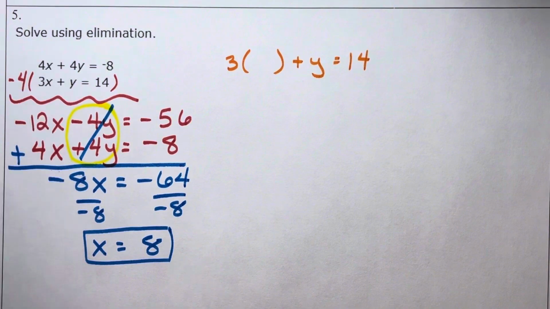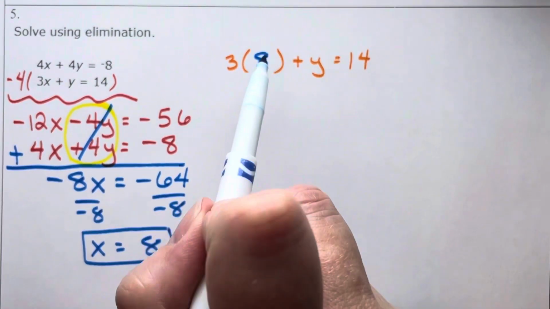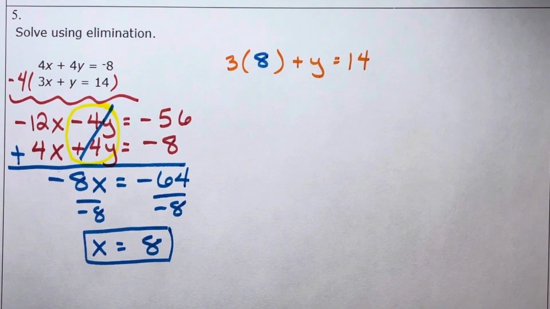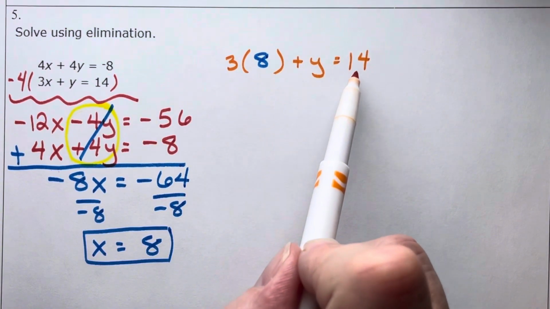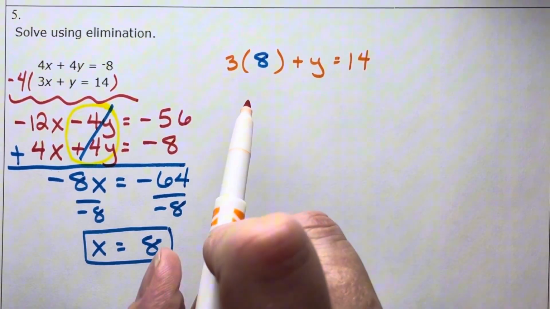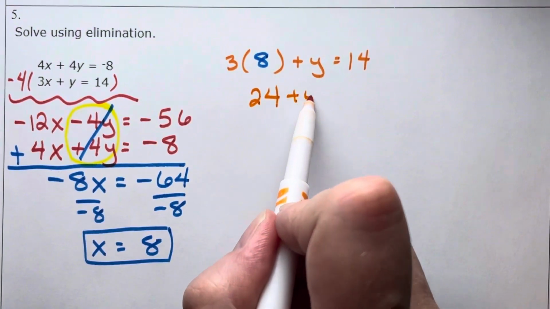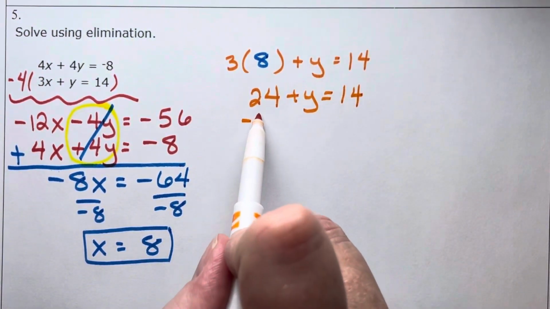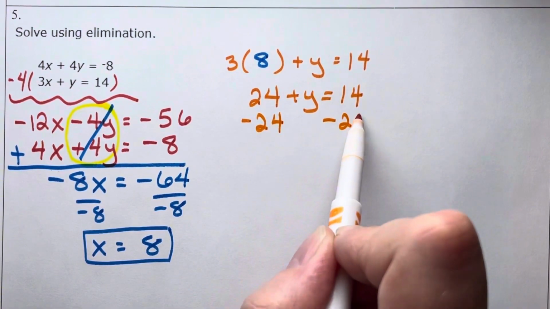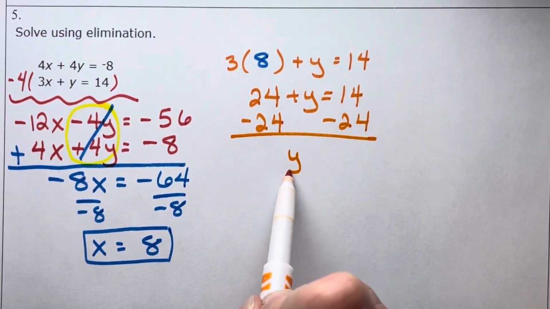Either equation would have been fine. I just chose the bottom one. So we're plugging in the 8 that we found for x so that we can now go ahead and solve for y. 3 times 8 plus y equals 14. 3 times 8 is 24. 24 plus y equals 14. Subtract 24 on both sides of the river.